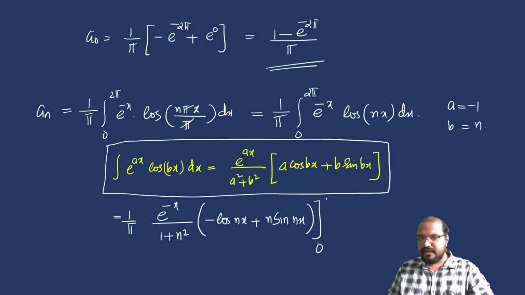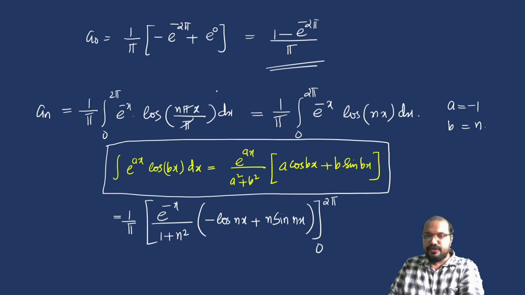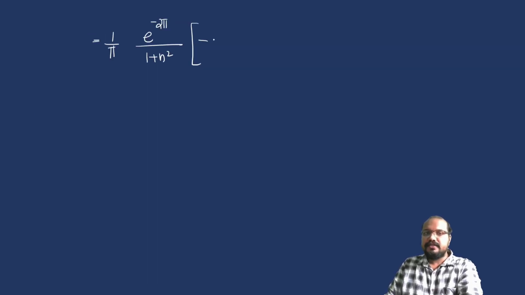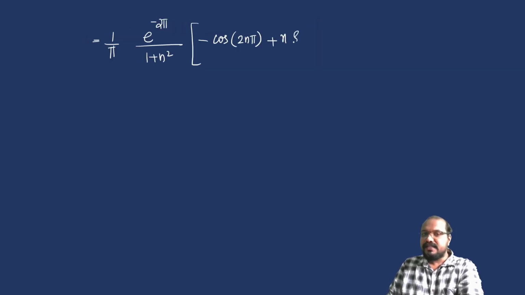We have to find its limit from 0 to 2 pi. Okay. Now, applying the upper limit, you will get 1 by pi e raised to minus 2 pi divided by 1 plus n square into (minus cos n into 2 pi, therefore 2 n pi, plus n into sine 2 n pi).